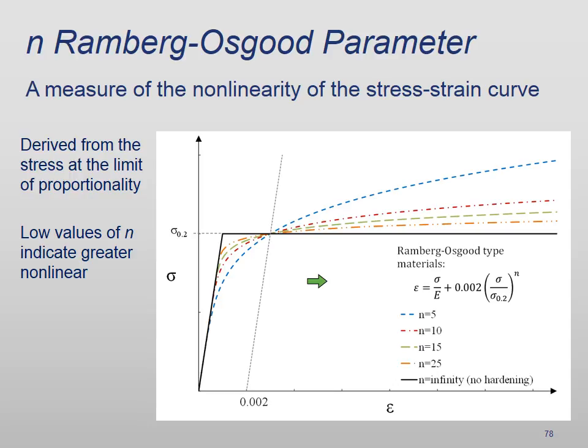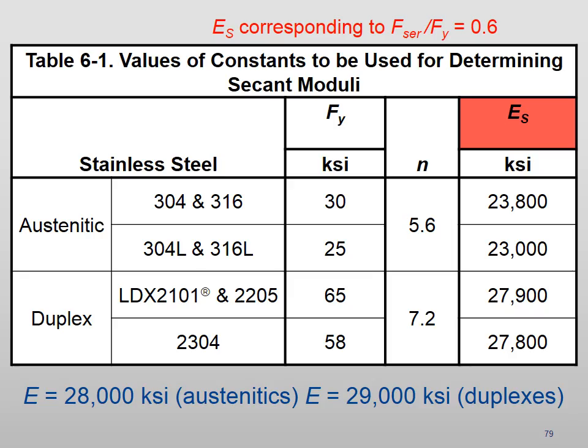So for austenitic stainless steels, you'd generally be thinking of them having an n around 5. So it would be described by this. And duplexes, they're a little more like carbon steel, so they'd be coming down to something between 7 or 8, around here. So you calculate your secant modulus, and that enables you to estimate your deflection.